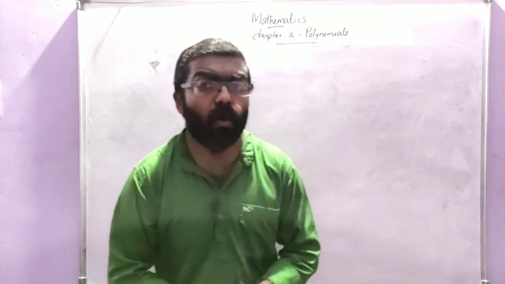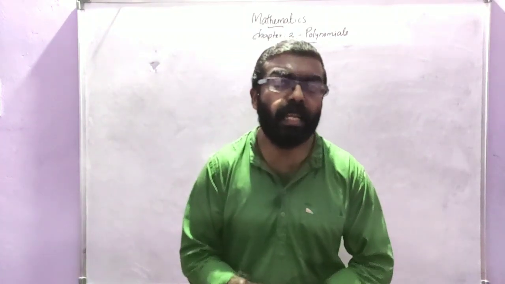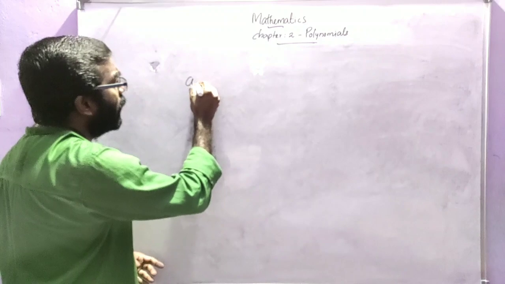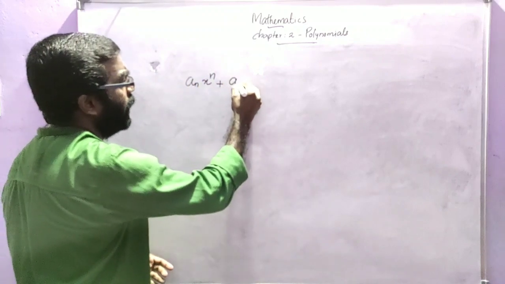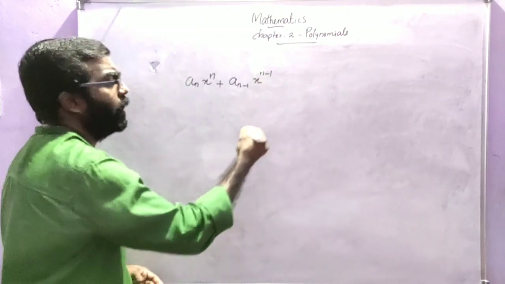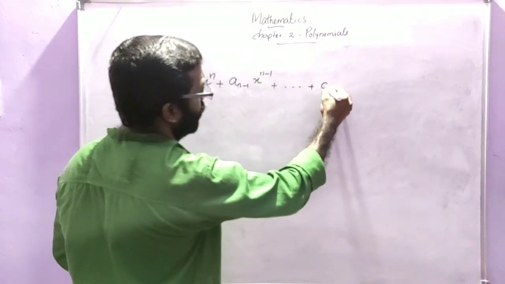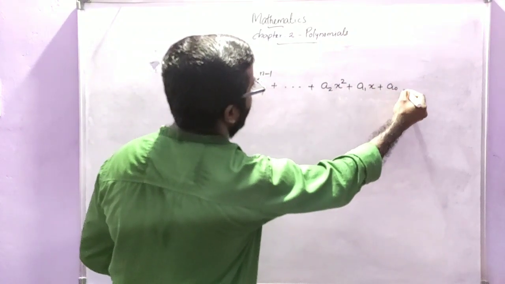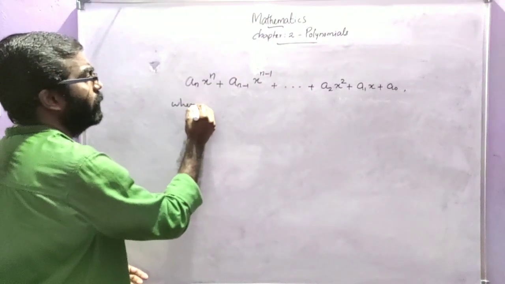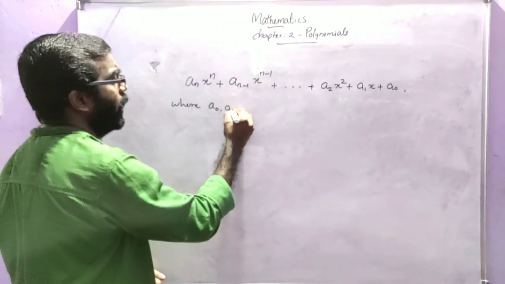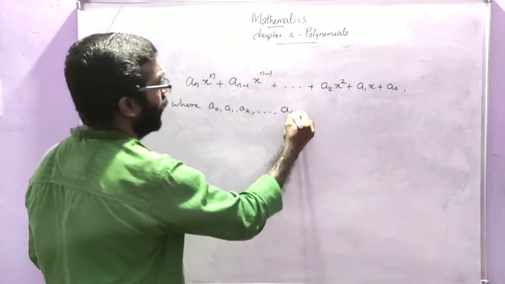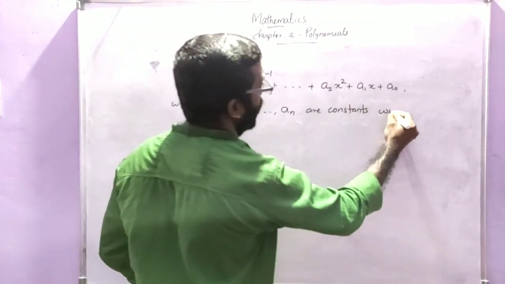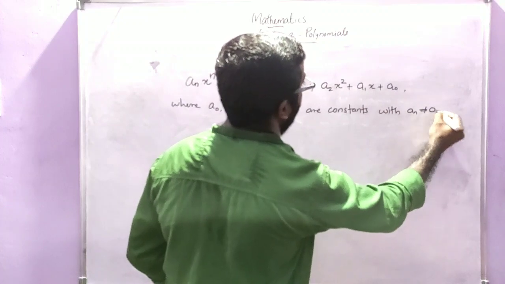A polynomial in one variable x of degree n is an expression of the form a_n x raised to n plus a_(n-1) x raised to n minus 1 plus etc. plus a_2 x square plus a_1 x plus a_0 where a_0, a_1, a_2, etc. a_n are constants with a_n not equal to 0.